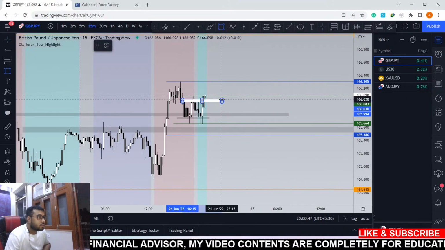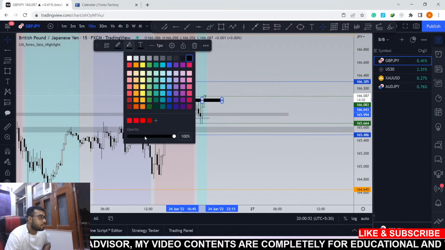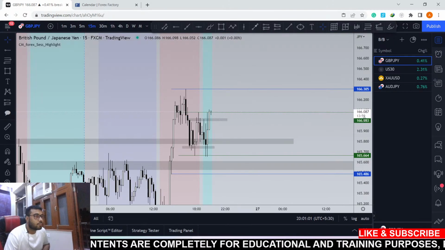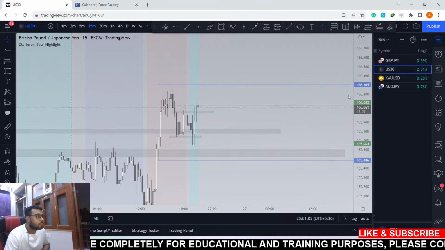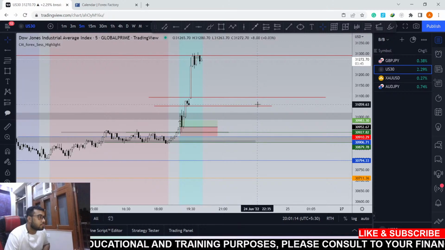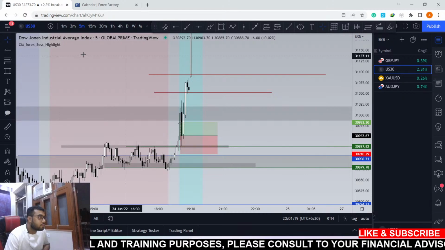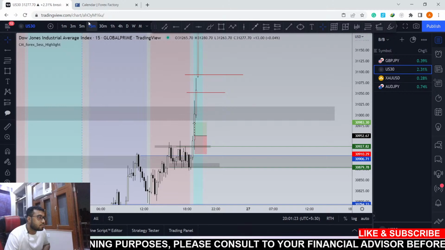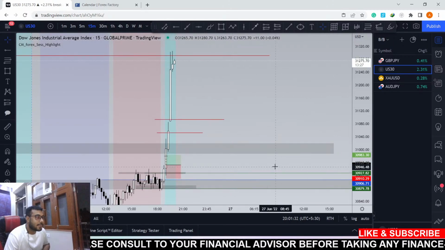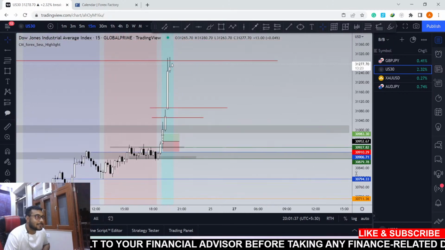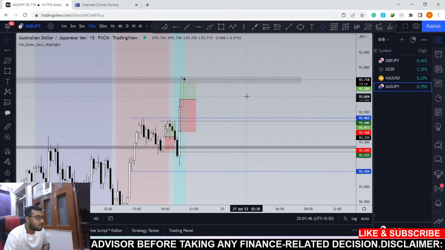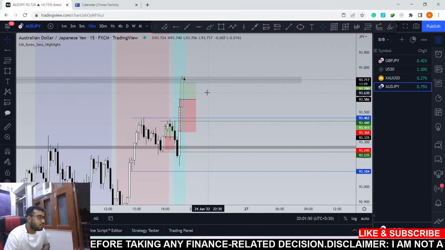This area has also given us some sort of break. It has given us our take profit.